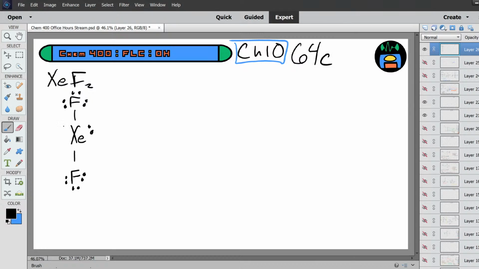And xenon has 3 lone pairs around it, yes. So, looking at xenon, we have 2 atoms attached, 3 lone pairs. That's 5 electron groups.